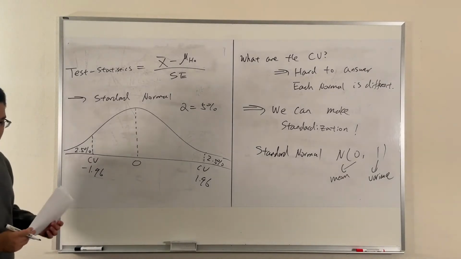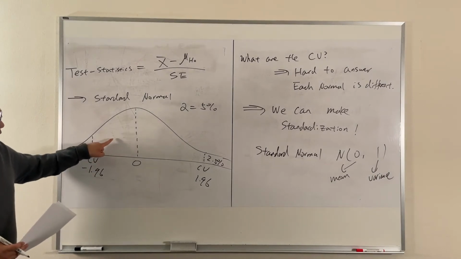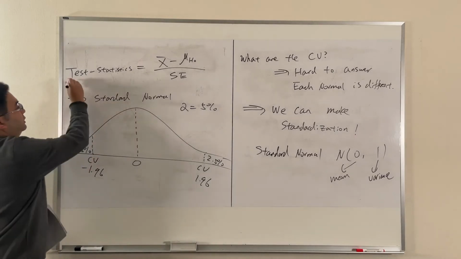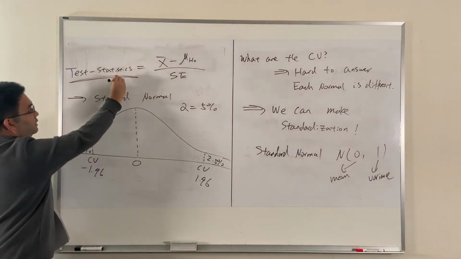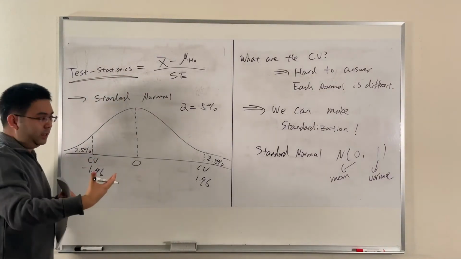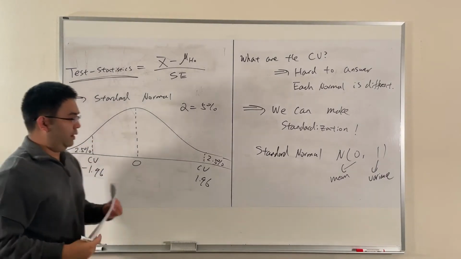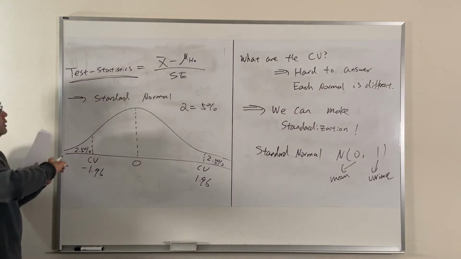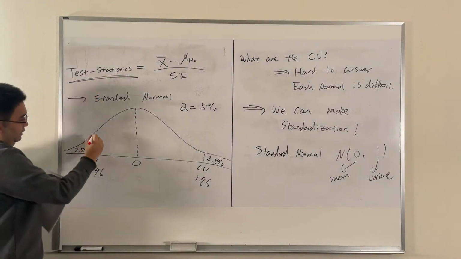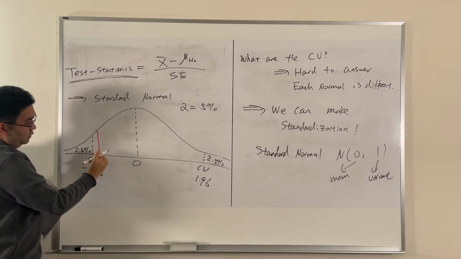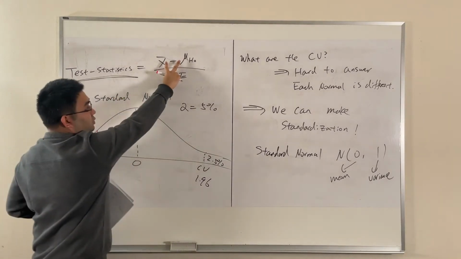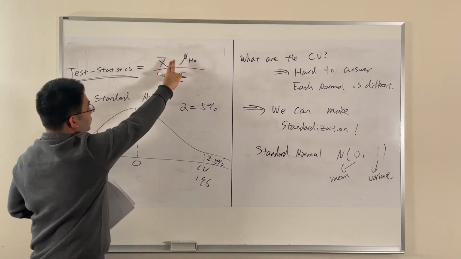Now, with this standardized normal critical value, the test statistic is the sample value that you're going to compare with your critical value. If your test statistic is closer to 0 than the critical value, that means these two numbers are pretty similar to each other.